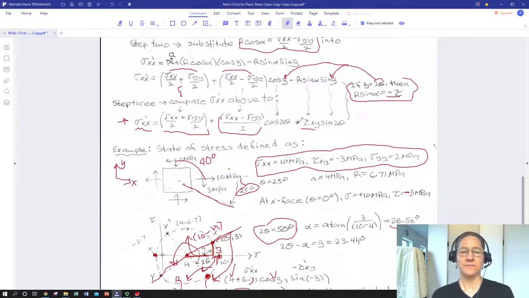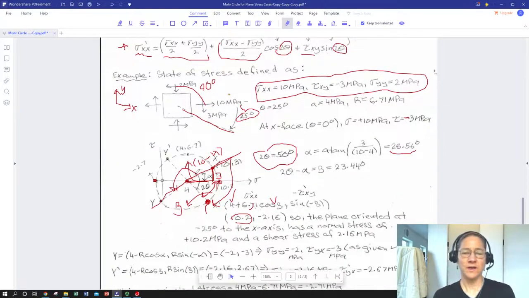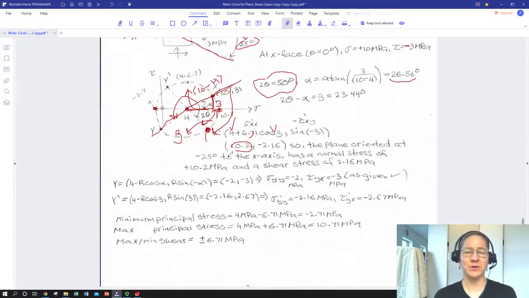And that is one of the key points that came out of this derivation, is the relationship to theta: the tilt of any planar normal with respect to our reference axis in our real part is going to transform into a 2 theta in the Mohr circle. So our coordinate axes are 180 degrees apart in the Mohr circle. And this is getting really, really busy, and I apologize.